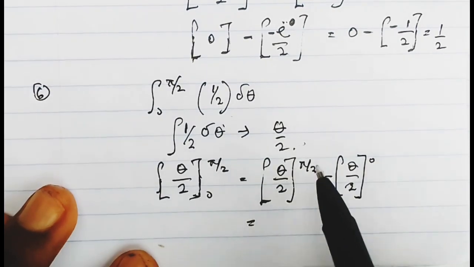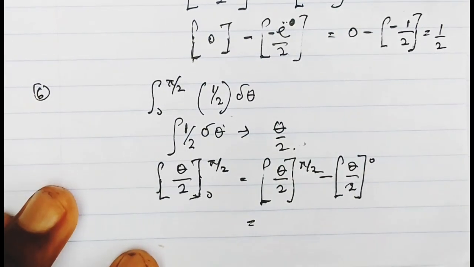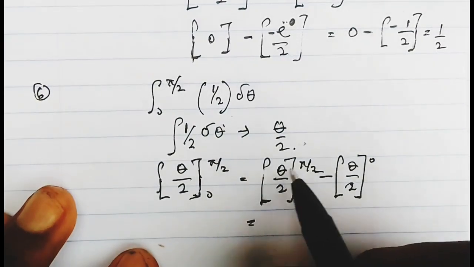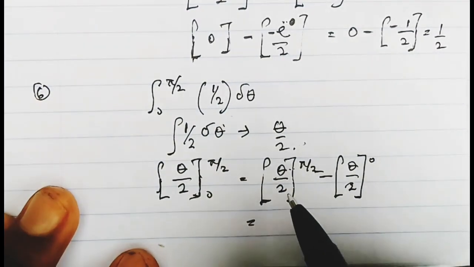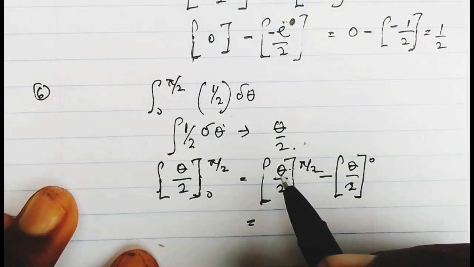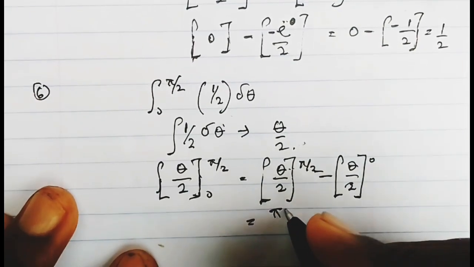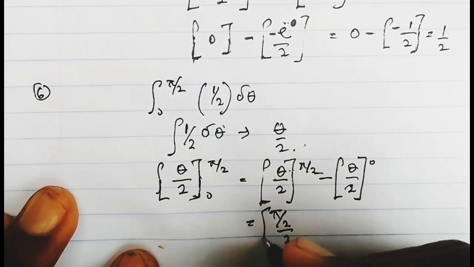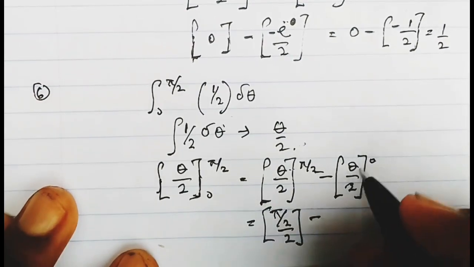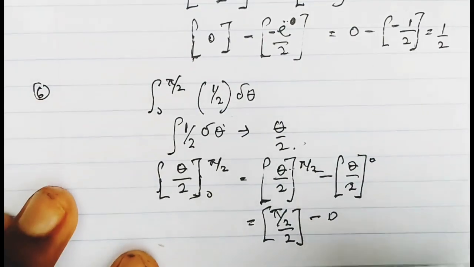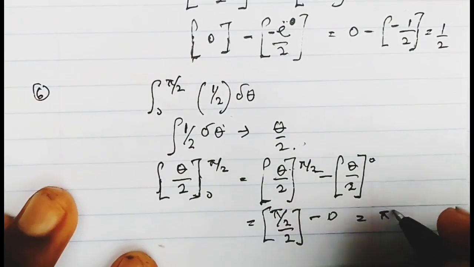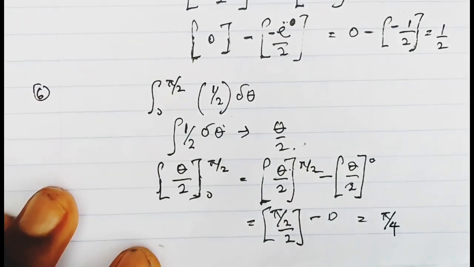But this right now is in radians, so you can't use 90 degrees. For example, if this is cos theta or minus sine theta, then you say theta is 90 degrees. But since this theta here is in radians, you just use pi over 2. So this is pi over 2 over 2, minus when theta is 0, which is 0. So our answer is pi over 4.